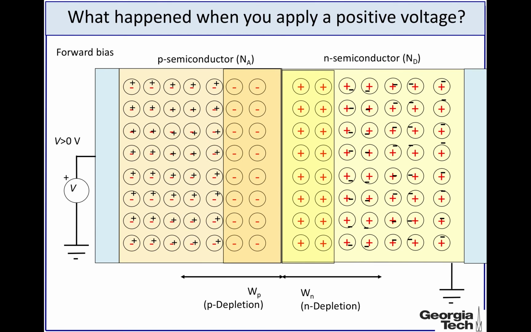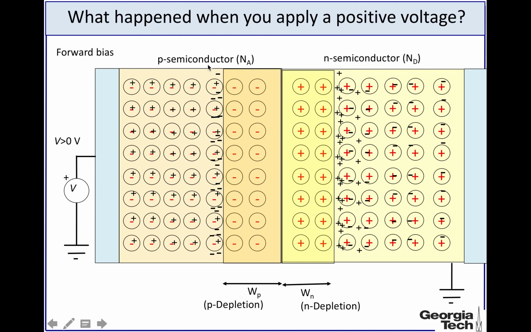So the depletion will decrease, and also the p-type semiconductor will inject some majority carriers, some holes, into the n-type semiconductor, and the n-type region will inject some electrons in the p-type region.